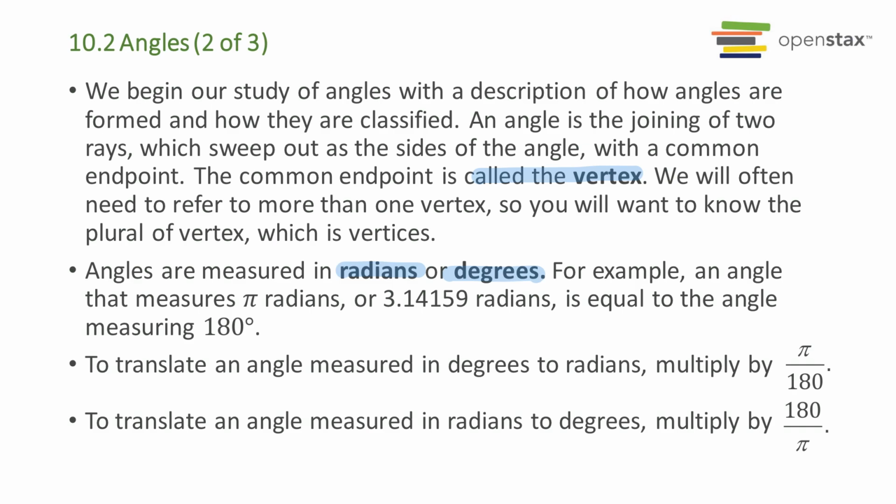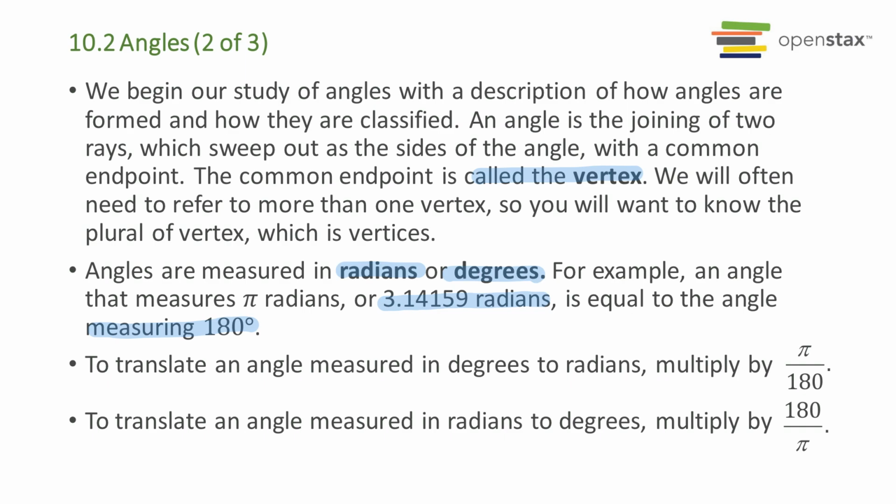So for example, an angle that measures pi radians, or 3.14159 radians, is equal to an angle measure of 180 degrees. It's kind of like the idea of metric versus US system of measurements. Radians is the metric measure of an angle, and degree is more of a quote-unquote common person measure of an angle.